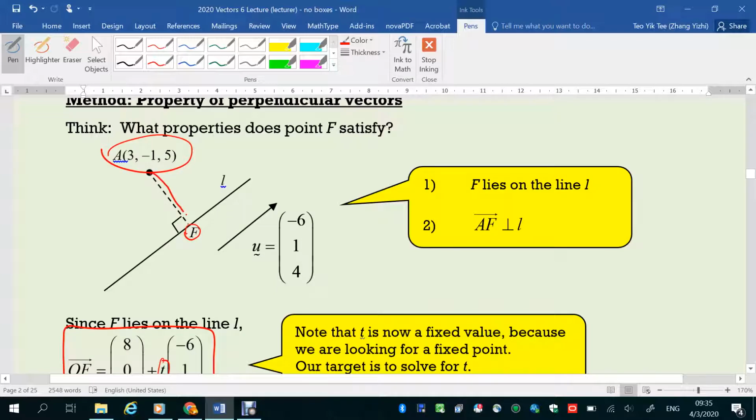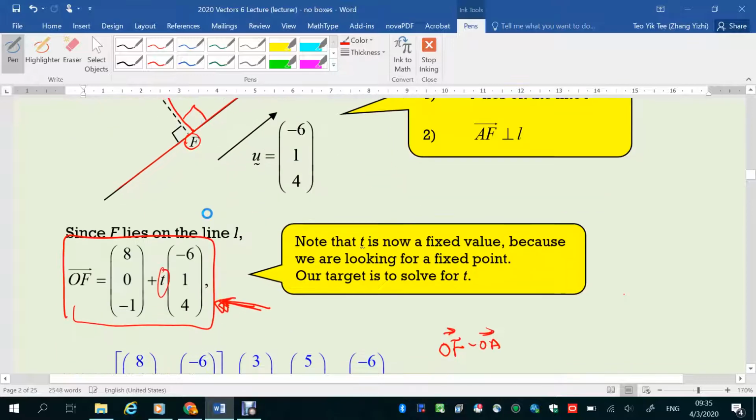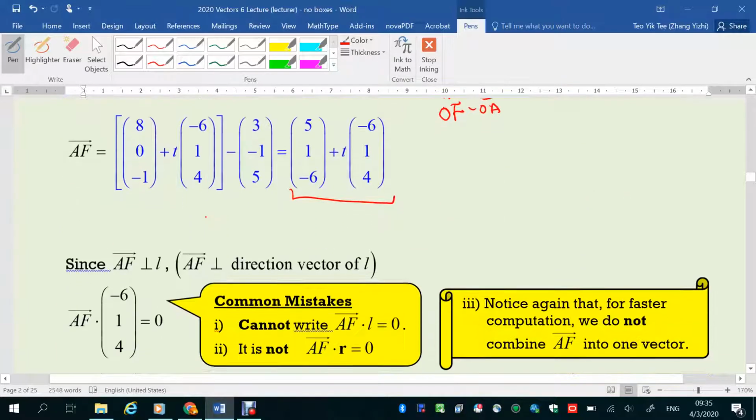Next, look at what I have now. I have AF, and I have the direction vector of the line. They are perpendicular. So what happens when something is perpendicular? The dot product equals 0.